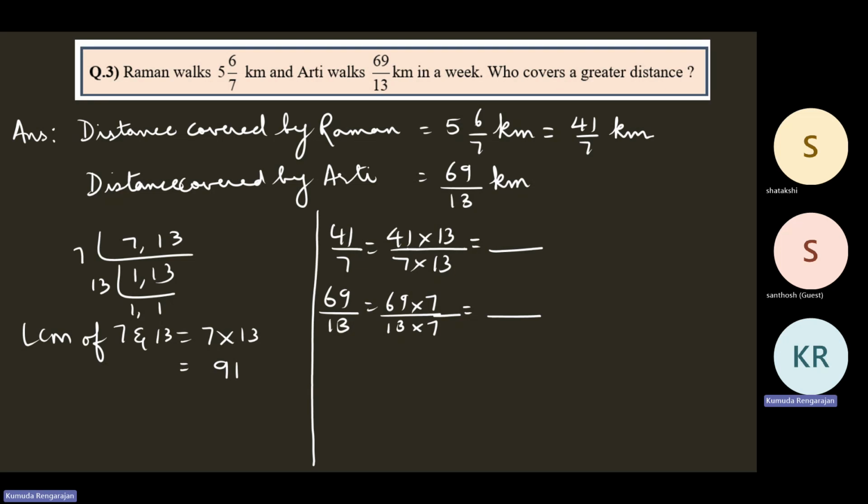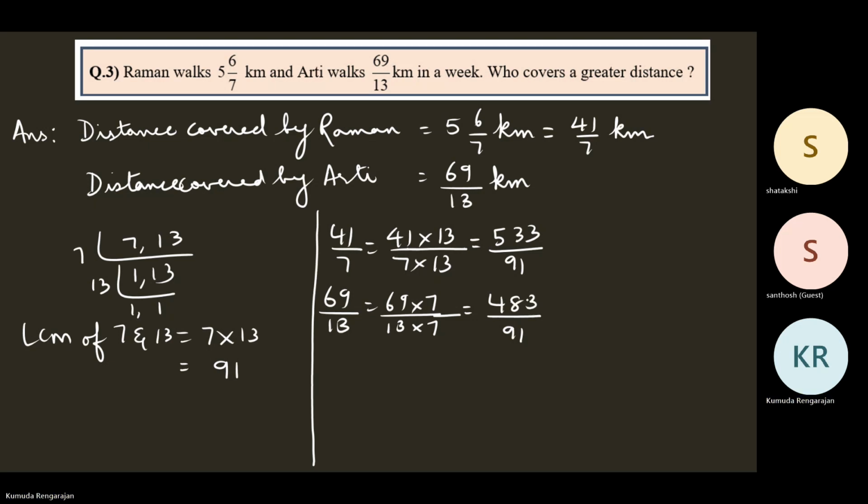Okay. Please check. Ma'am, found for 41 by 13. 533, and 7 by 13 it's 91. Correct. Good. Yes, Satakshi? It's 483 by 91. Very good.